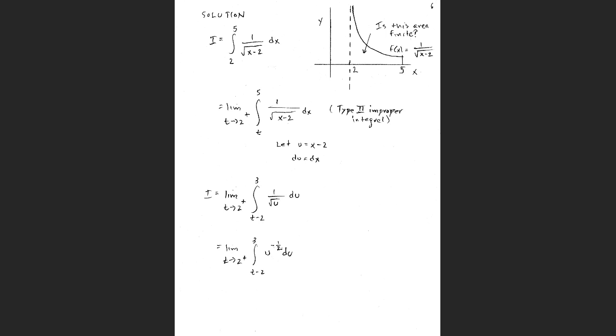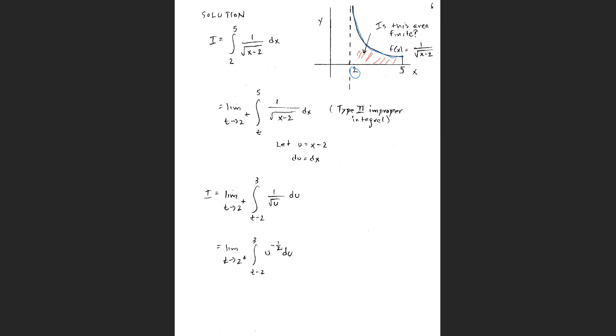But since the function's not defined at x equals 2, there's a vertical asymptote there. It's like the tangent function, which is not defined at negative pi over 2 or pi over 2, right? So you have asymptotes at those angles for a graph of the tangent function. Same kind of thing here. We have an asymptote at x equals 2.